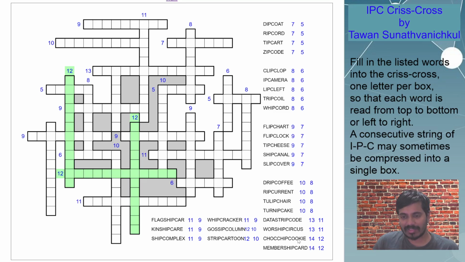And looking at the word list, there's 1, 2, 3, and 4 words. So you have a pretty restricted set of words which need to fit in these three areas.